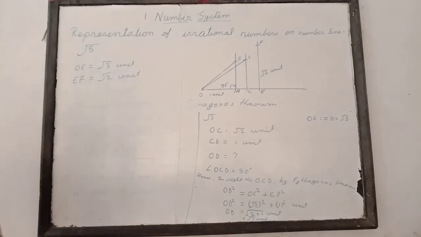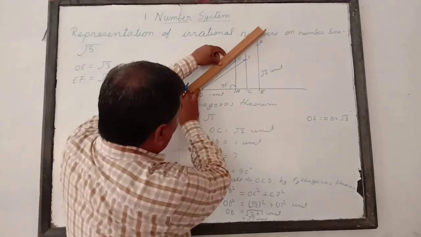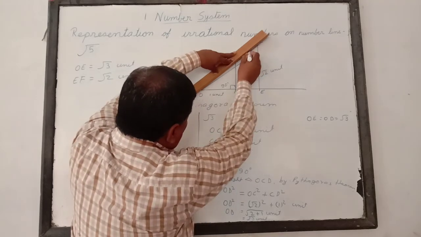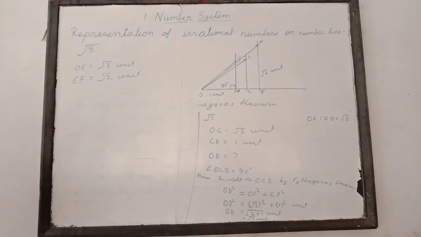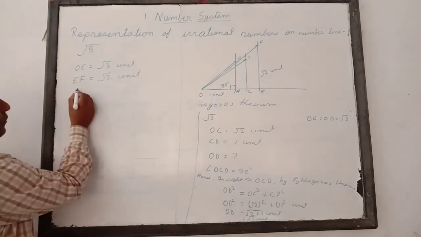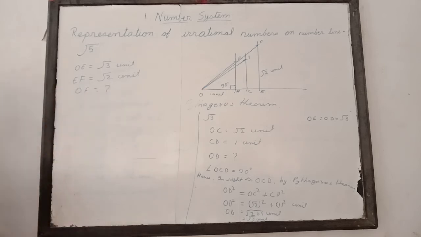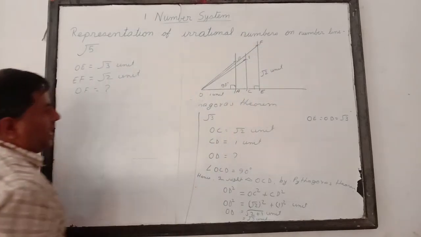Now see, if we join F to O, from this point I take and then join to O, I get a straight line there. So now we can find the value of OF, and we will know what it is. Again we can see here that this angle OEF is 90 degrees.